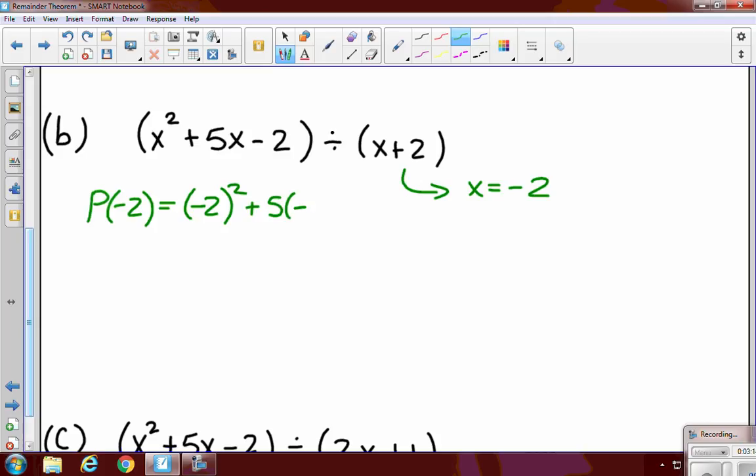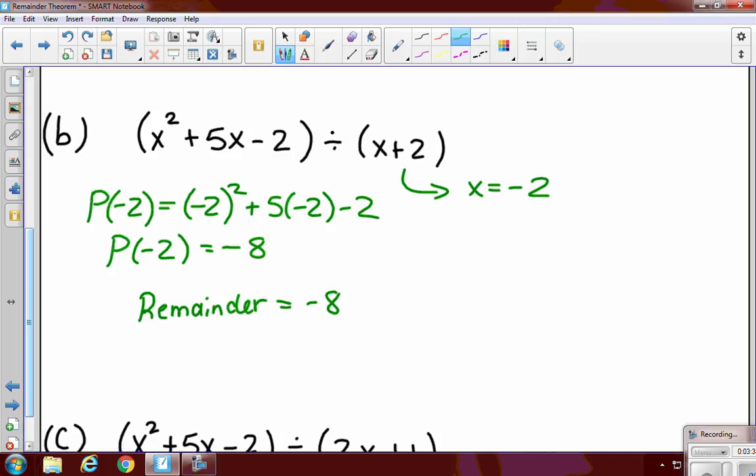And then 5 times negative 2 minus 2. If I evaluate this polynomial at negative 2 and do all that work either in your calculator or by crunching out the numbers in your head, we get negative 8. So what we know now is that if I were to do this division through long division or synthetic division, I'd be left with a remainder of negative 8.